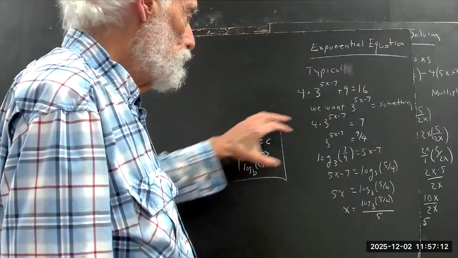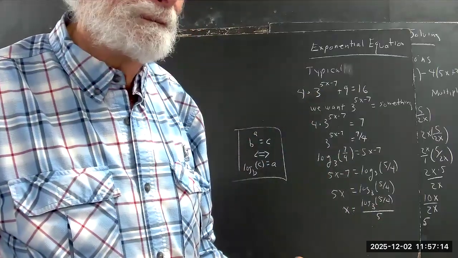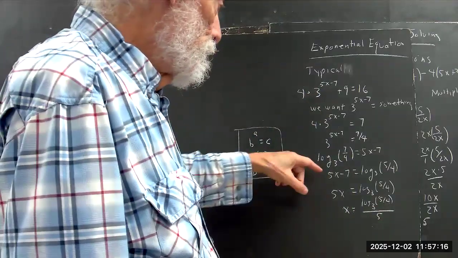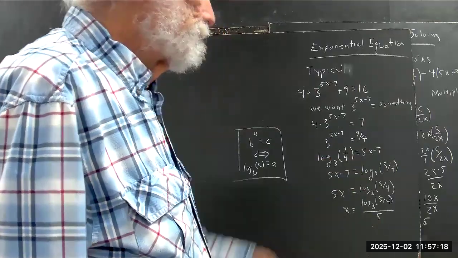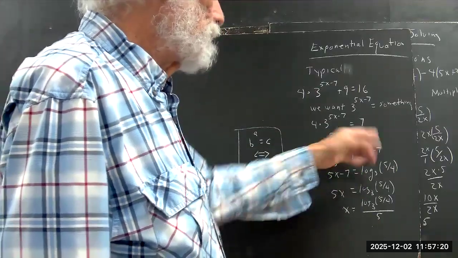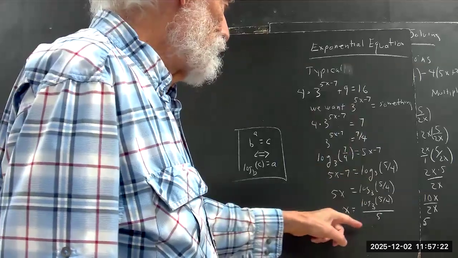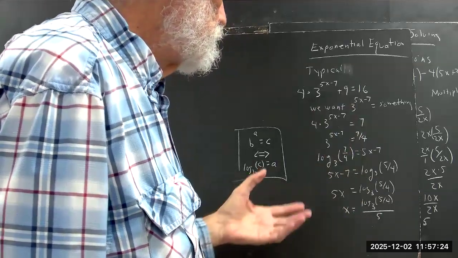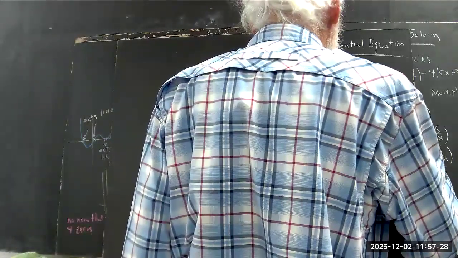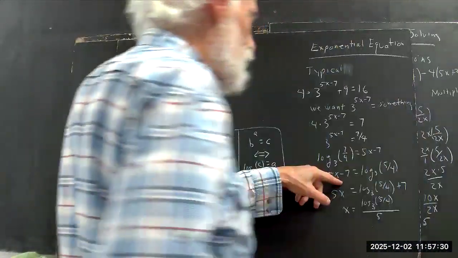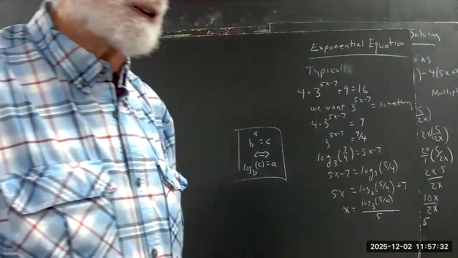I use this rule, the inverse function rule, to get this equation. I rewrite it, flipping the sides. Uh-oh. I added 7 to both sides and I didn't write it down. Okay.